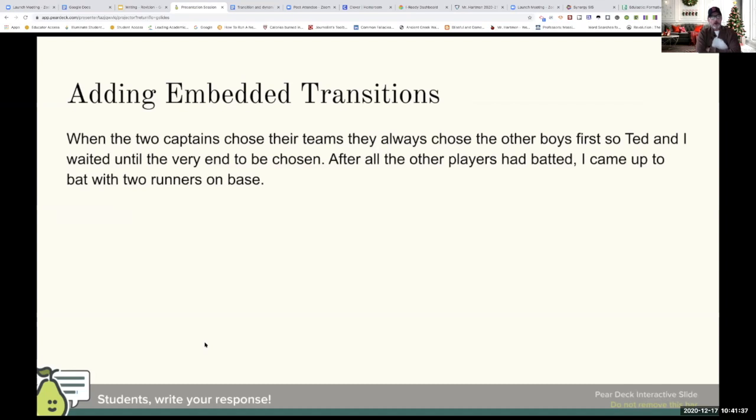See if you can spot the two transition words and the one phrase in this particular passage. Again, I'll give us about two minutes.